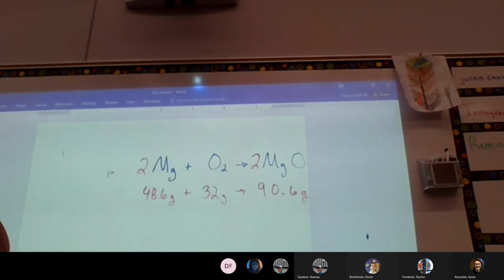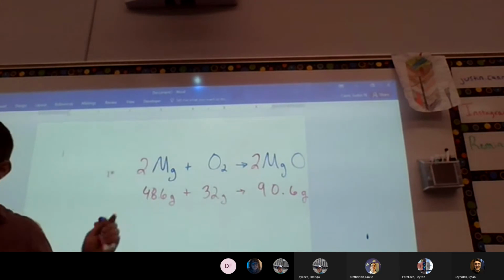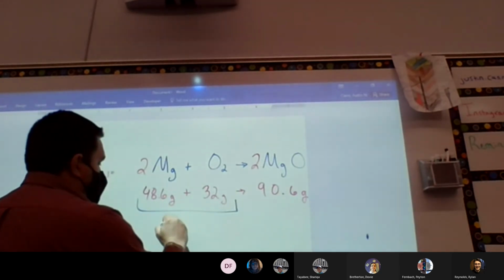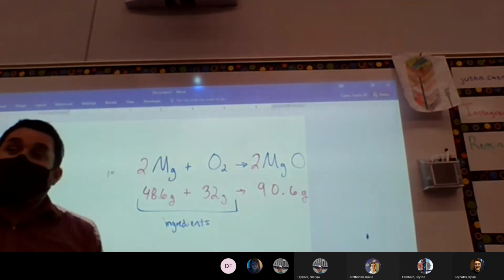But again, I'm not going to lose, I'm not going to gain anything. That's the conservation of mass. And so this, especially this right here, this is my ingredients.